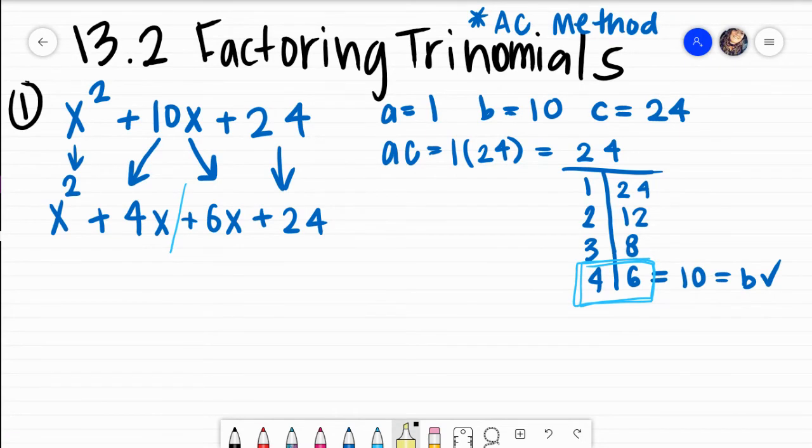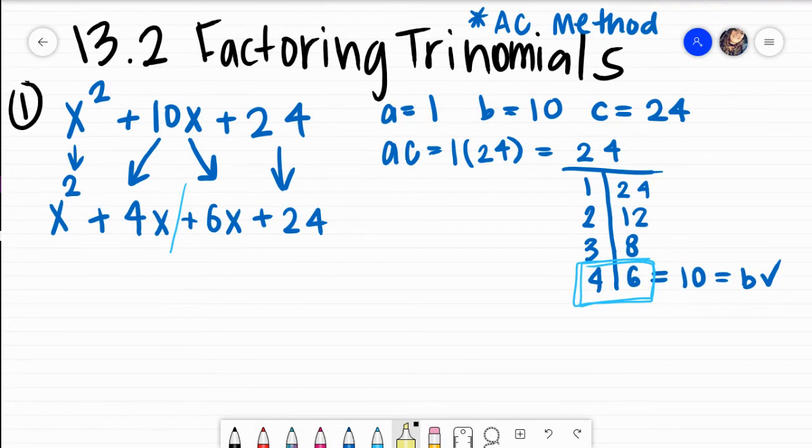Now, we're going to actually group these, right? Factor by grouping. We're going to group these in 2 pairs. I'm going to pull the GCF out of the left-hand side, and then I'm going to pull the GCF out of the right-hand side. Okay? You only care about the side you're working on while you're working on it.